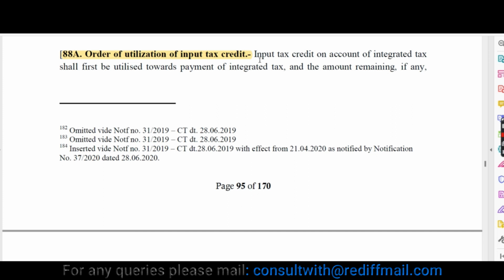What does it say? Input tax credit on account of integrated tax shall first be utilized towards payment of integrated tax. That is the order of adjustment. First, ITC of IGST be utilized towards payment of IGST.